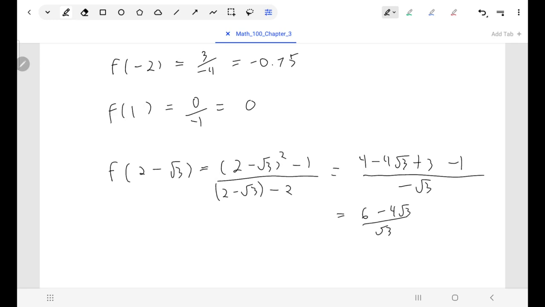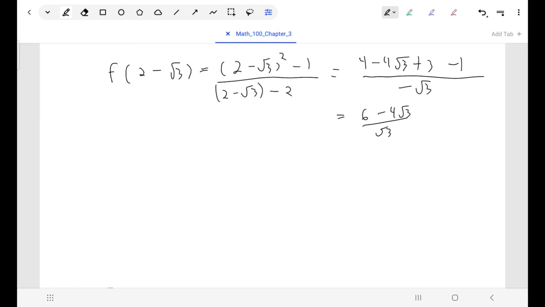Over root 3. And if you were to clean this up a little bit further, I could go one step further and say, well, really this is, I'll drop my negative there, it is 6 over negative root 3 and minus 4 root 3 over negative root 3, which when we clean that up, of course, the negatives will cancel and the root 3's will cancel, leaving me plus 4.